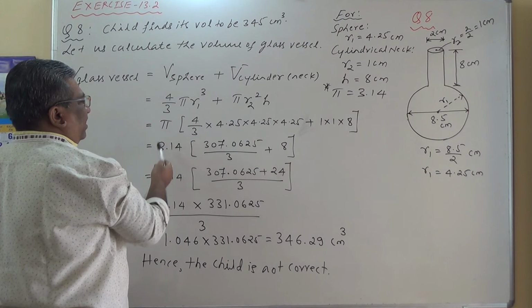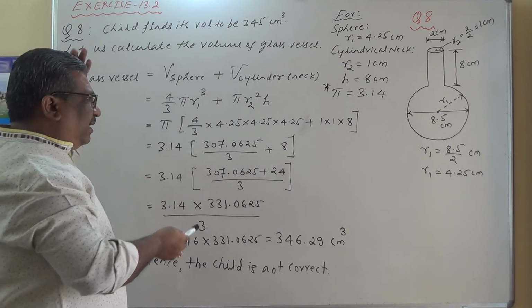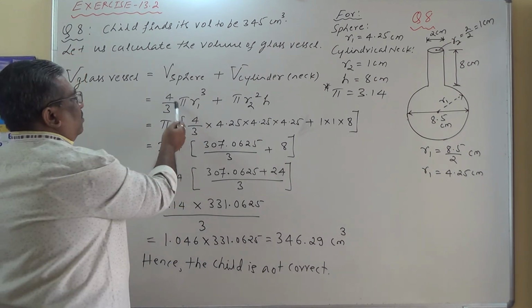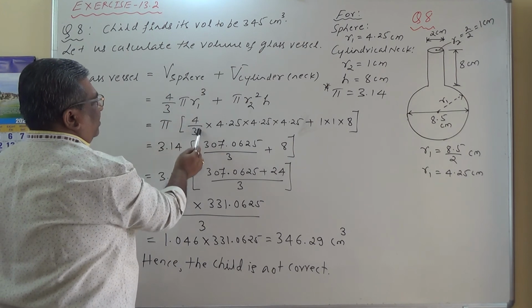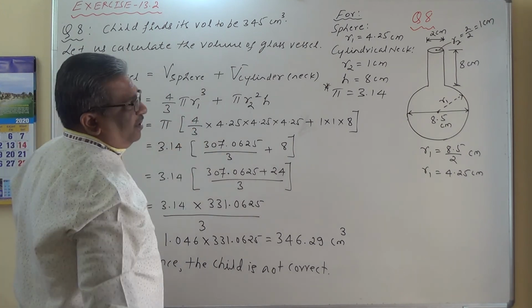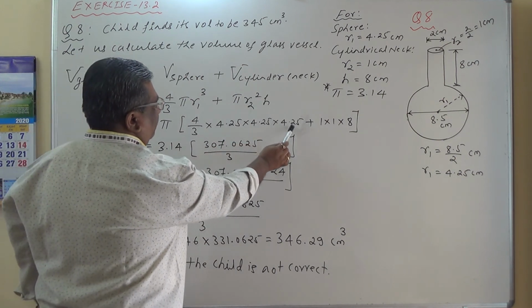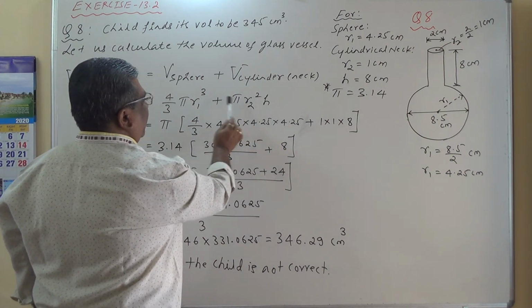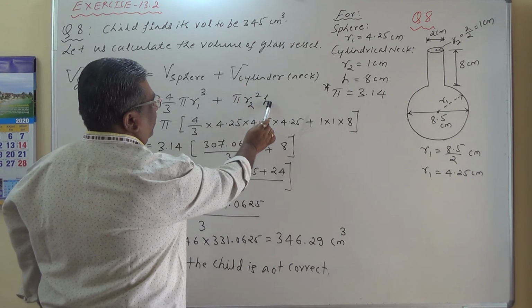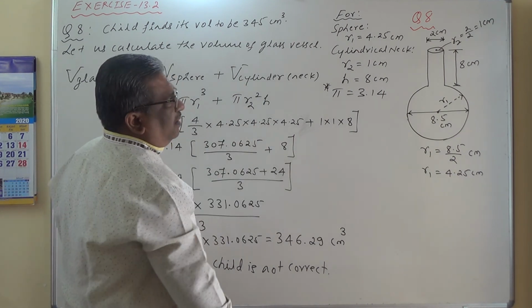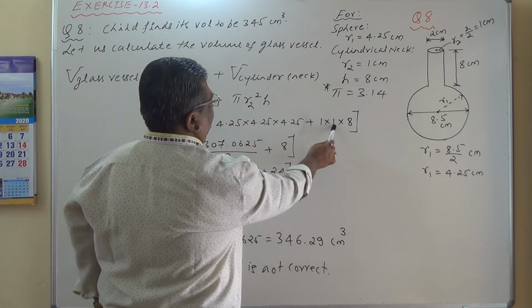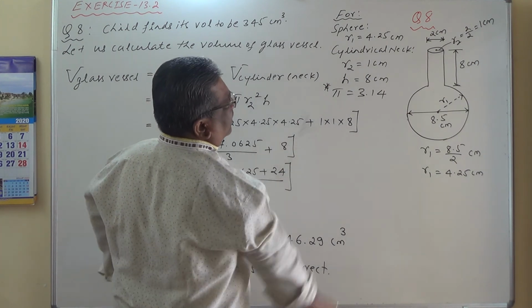Take pi as common here because 3.14 it is given. So left is 4 by 3 r1 cube. R1 is 4.25. 4.25 into 4.25 into 4.25 plus, pi has gone out, r2 square into h. R2 is 1 centimeter. 1 centimeter into 1 centimeter into h is 8 centimeter.